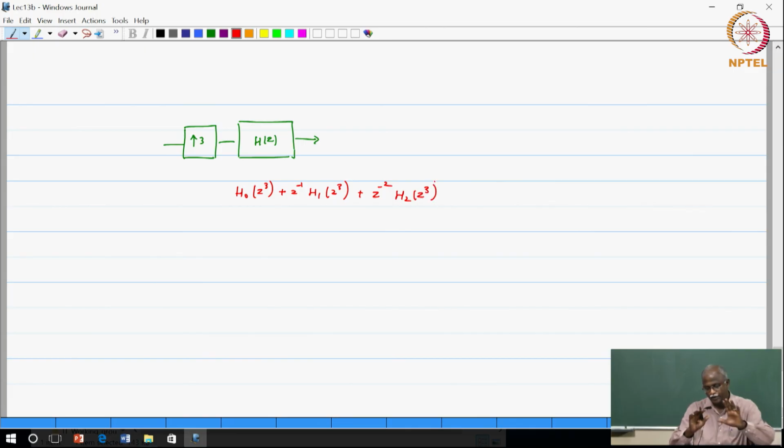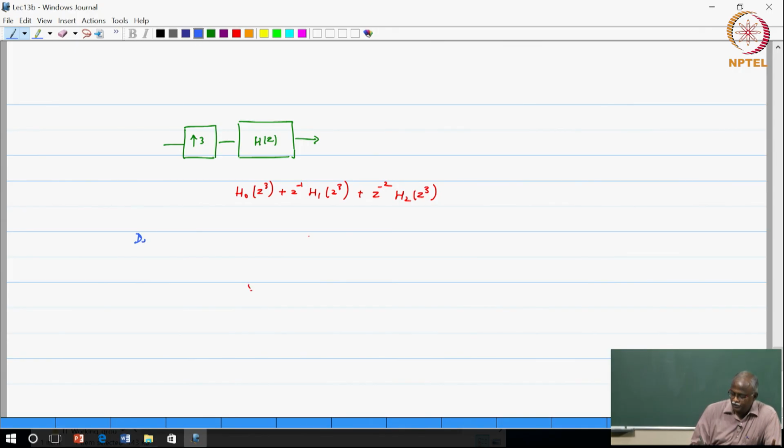Instead of one polynomial, I wrote it as 3 polynomials, each of which are powers of 3. But with the Z to the minus 1 and the Z to the minus 2, you get all the powers of Z. So, using this equivalent representation, can you draw for me the most efficient interpolation operation?